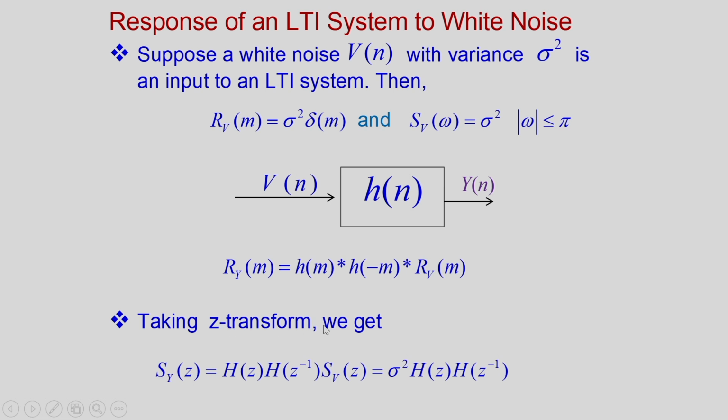Taking the Z transform, we get Sy(z) is equal to H(z) into H(z inverse) into Sv(z). Now, I know that Sv(z) is equal to sigma square for all z. So, therefore, Sy(z) will be sigma square into H(z) into H(z inverse).